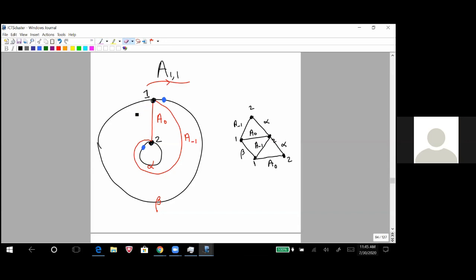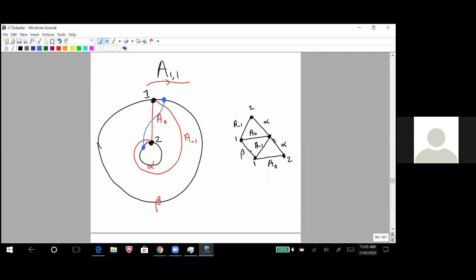Okay, and so now let's draw the arc. So there's an arc. Let's see what this looks like on our triangulation. Here we're starting from beta.